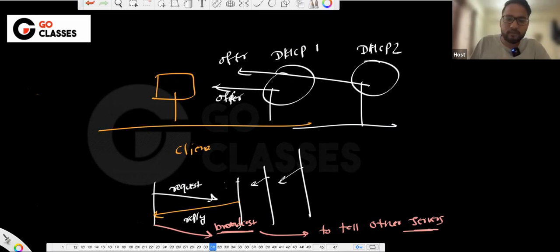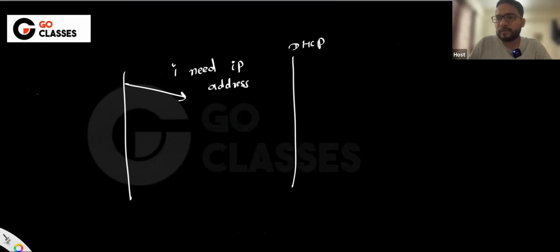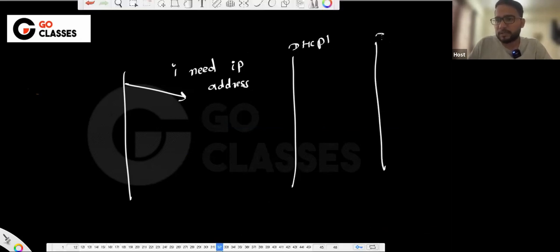So see here what is happening. This is the final diagram. The client is saying that I need an IP address. This is DHCP server 1, and maybe there could be multiple DHCP servers. This is DHCP server 2, and this is DHCP server 3.